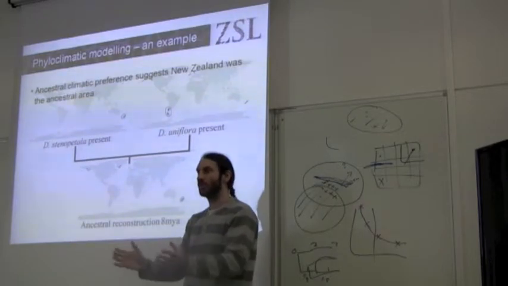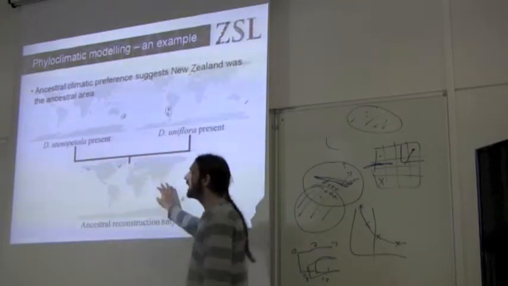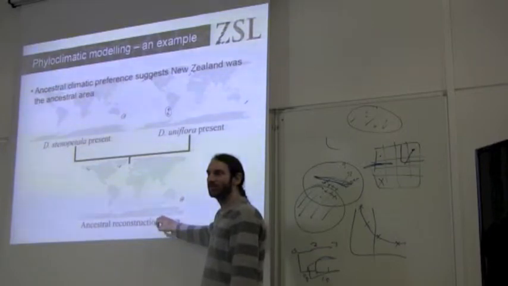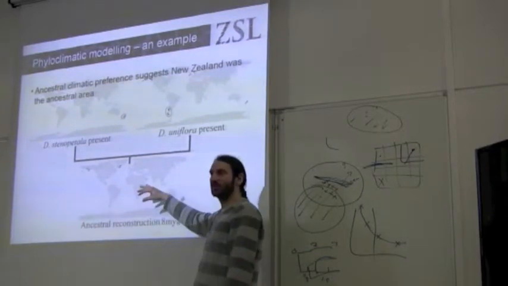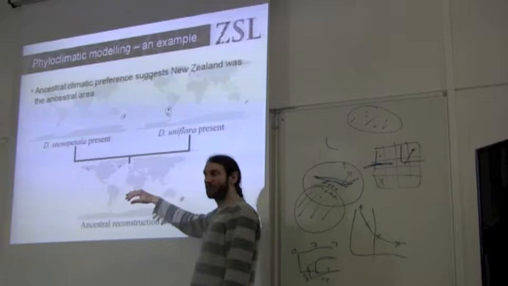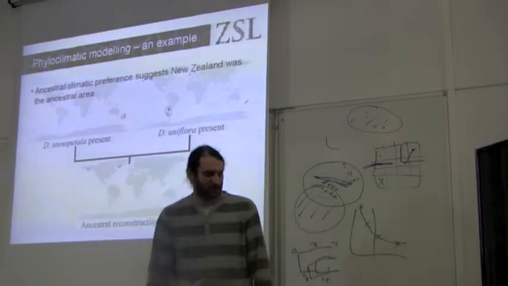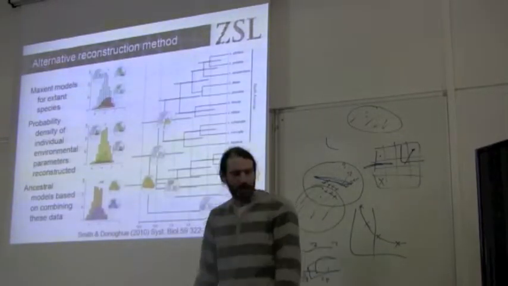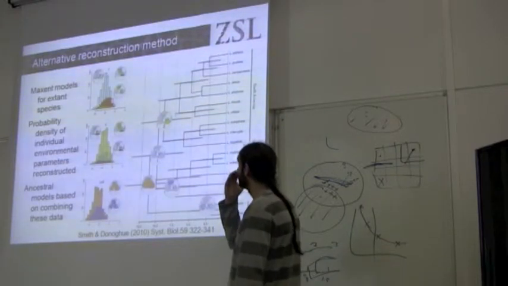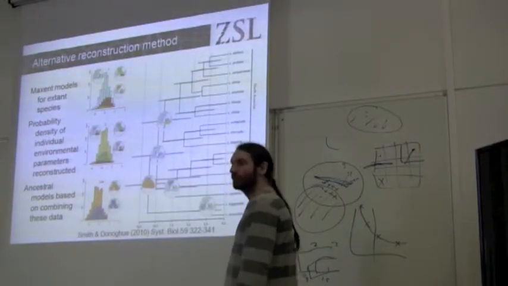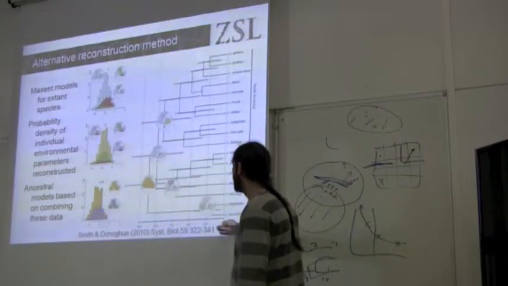And then you say, given those parameters, where is environmentally suitable at a specific time frame? Okay. So that's the theory, and here are some examples of this sort of principle in action.